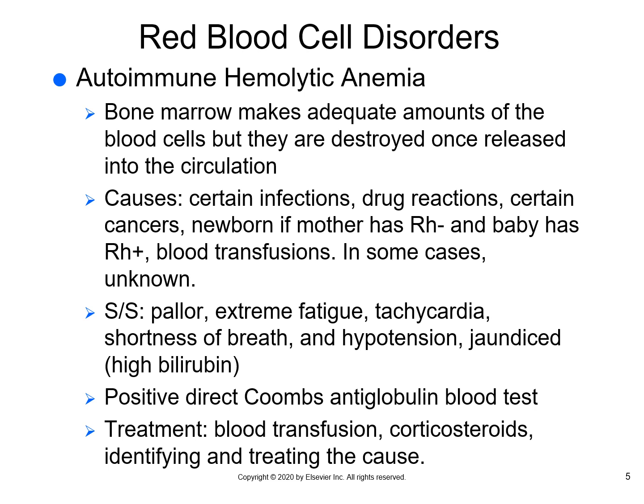So what are causes of autoimmune hemolytic anemia? Well, in some cases, again, it's unknown. However, causes that we know are certain infections, drug reactions, certain cancers, and if a newborn's mother is Rh negative and the baby is Rh positive, then that is going to be a problem, and it causes this hemolytic anemia.